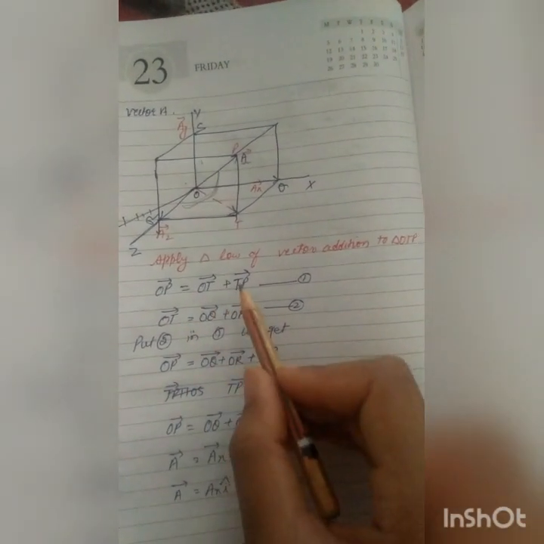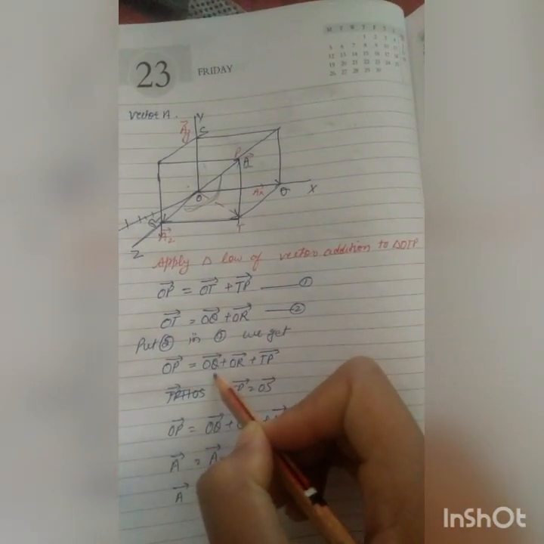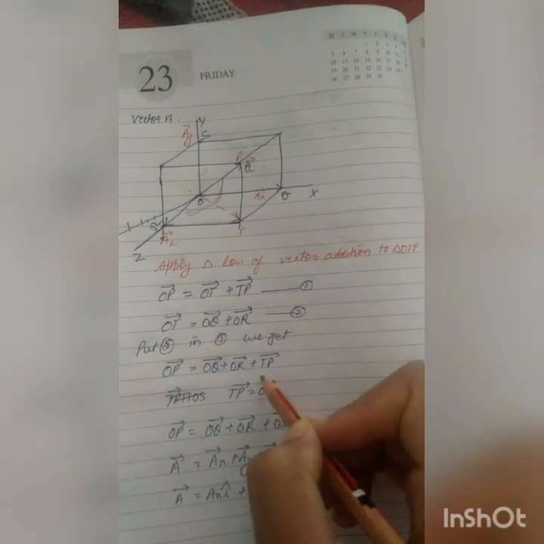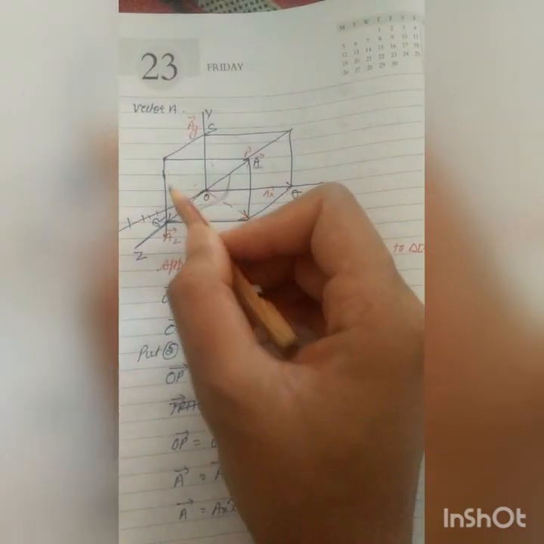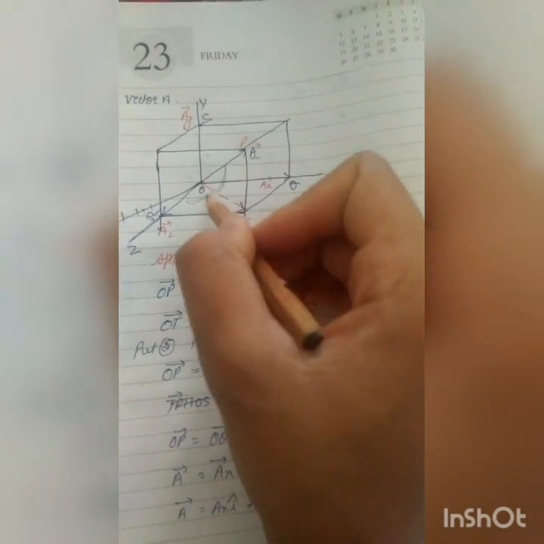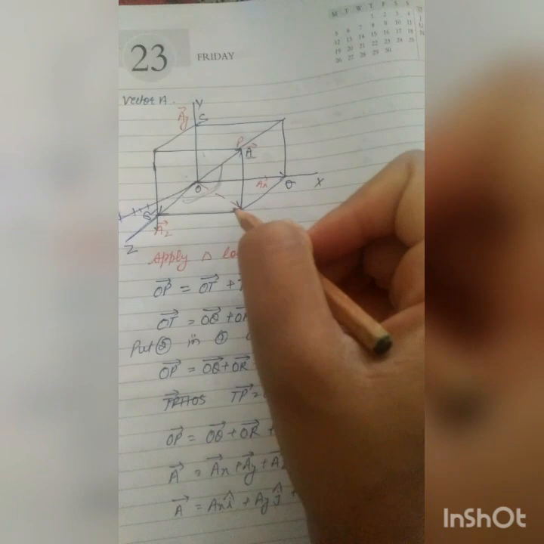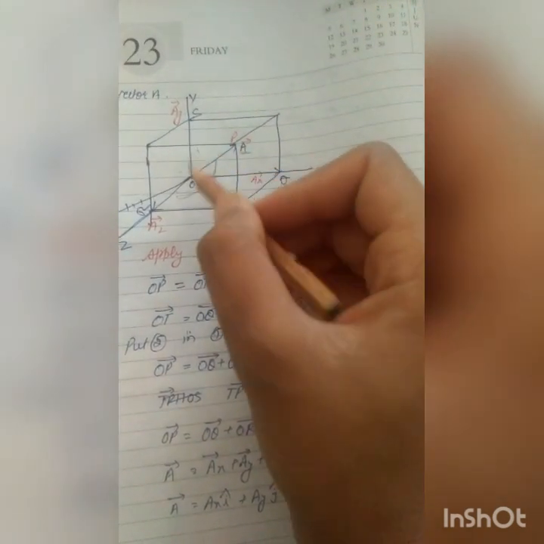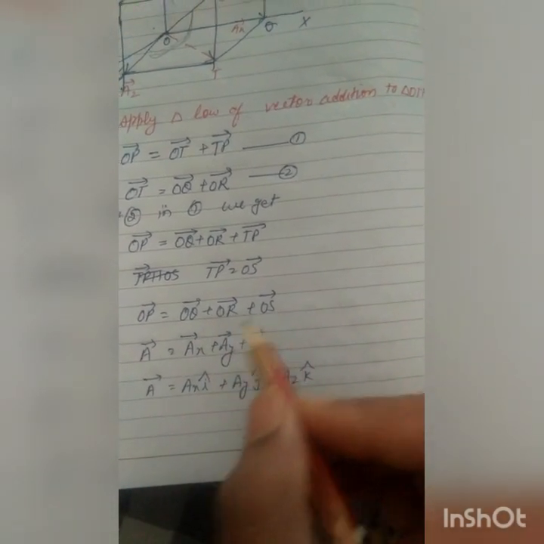In the first equation, putting the value from the second, we get OP vector is equal to OQ vector plus OR vector plus TP vector, where TP vector is parallel to the OS vector, because this is a parallelepiped. So TP vector is parallel to OS. So we write OP is equal to OQ plus OR plus OS.